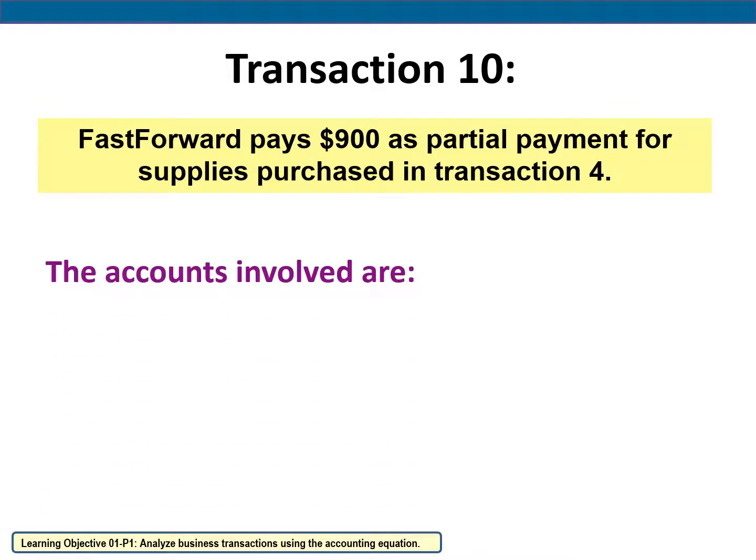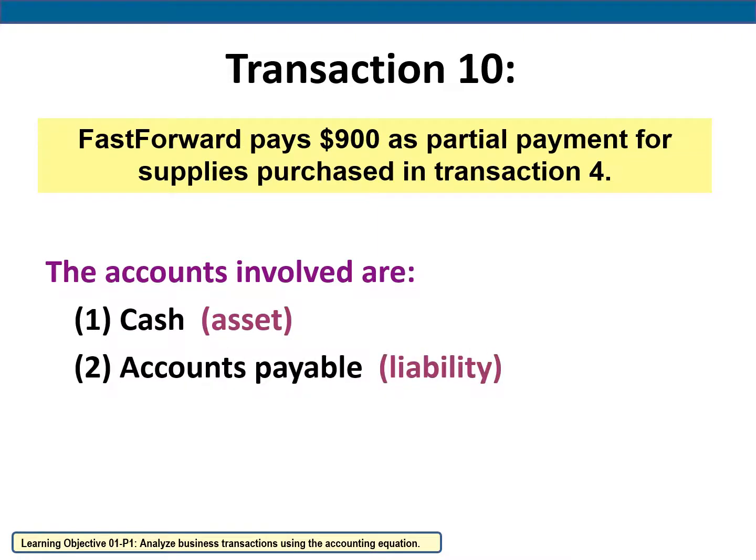All right, so in transaction 10, Fast Forward pays $900 as a partial payment for the supplies that we purchased in transaction 4. So when we purchased those supplies in transaction 4, we recorded an accounts payable and we recorded supplies. So our cash asset's going to go down because we're now paying for those supplies.